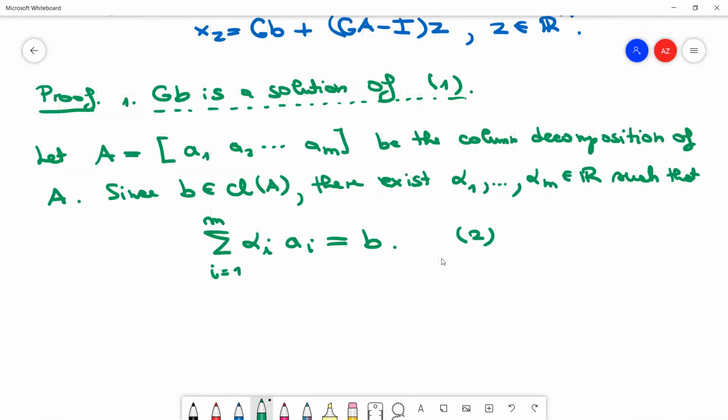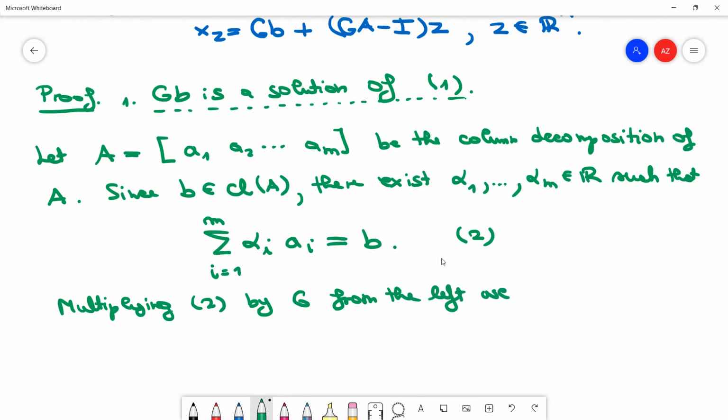So multiplying 2 by G from the left, we get, on the left side, the sum of vectors alpha_i times G A_i, and this is equal to Gb.